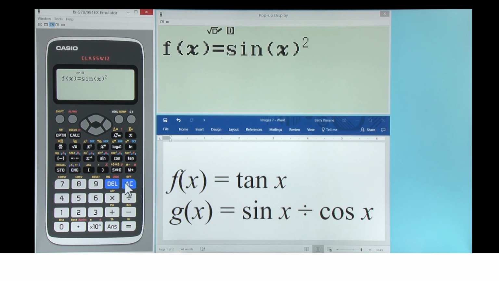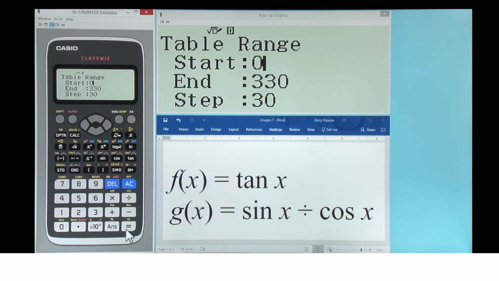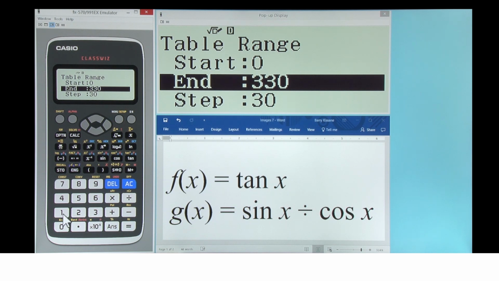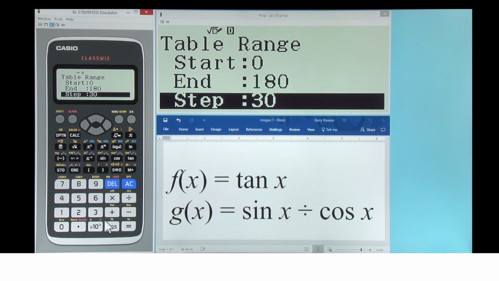So in the first place, we put the tan of x, the tangent function, and for the second case we'll put the ratio of the sine function to the cosine function, sine x over cos x. Choose a suitable range of values. Let's choose the first two quadrants, 0 to 180 degrees in steps of 10.